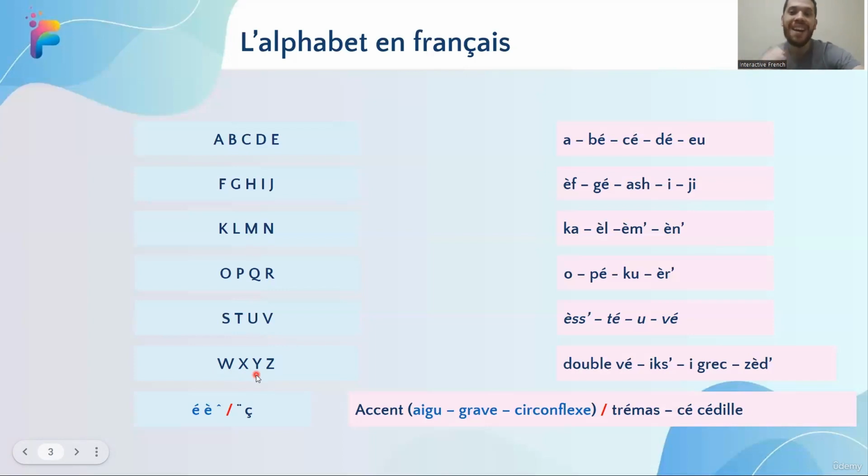Bear with me. Y. All right, Y. And then finally, Z, which you also find in British English, right? So there we have all of our letters.